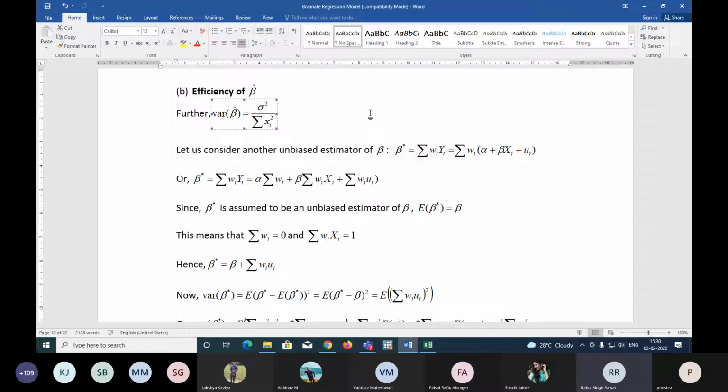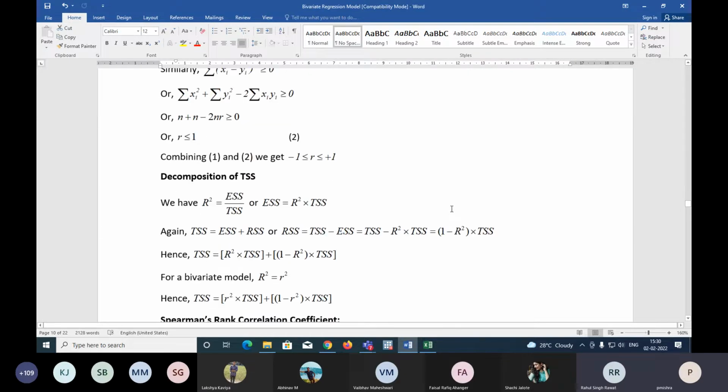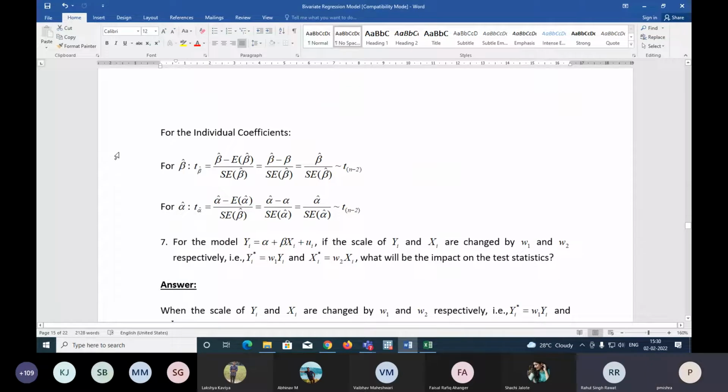Yes, sir. Now, why are we going for estimation? Because we don't know sigma square. Am I right? Is it okay? Yes.